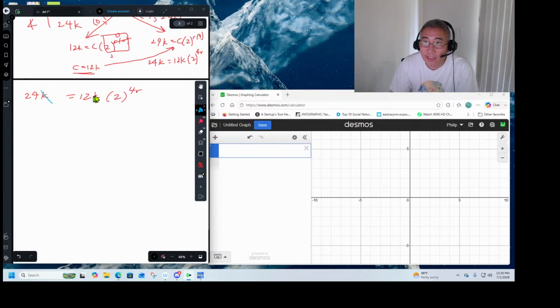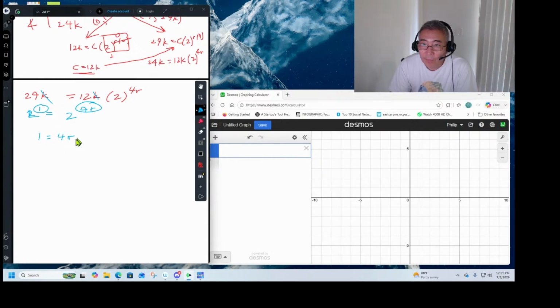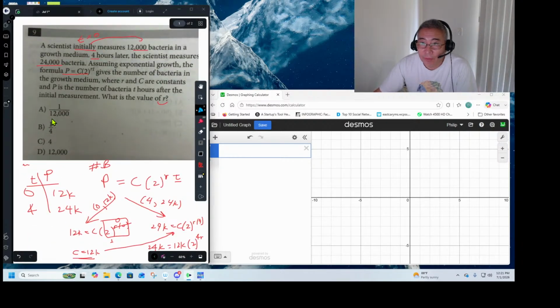I could divide both sides by 12, or cancel out the thousands. I would end up with 24 divided by 12, which is 2. So 2 equals 2 to the 4R. This is 2 to the 1, this is 2 to the 4R, so that means 1 has to equal 4R, right? R equals 1/4. And I think that was one of the choices. It would be B, right?